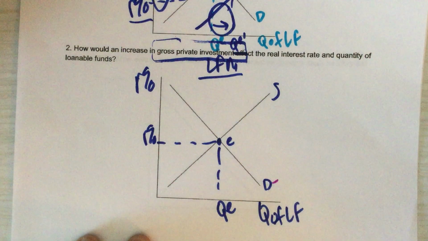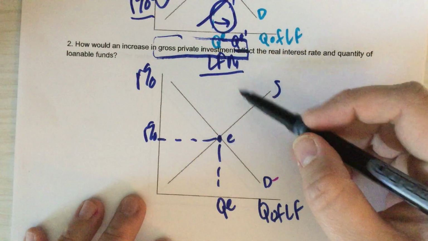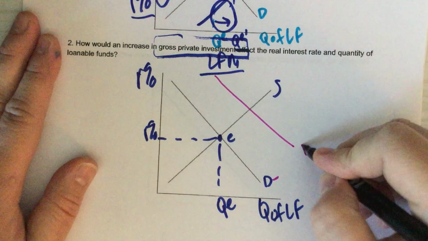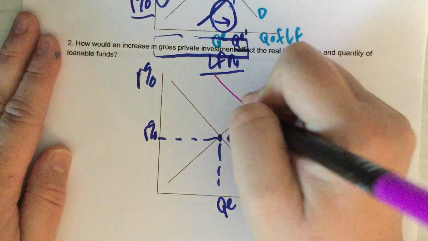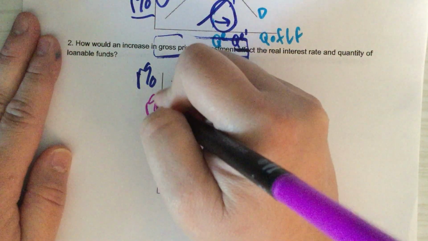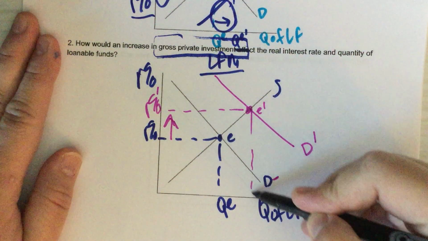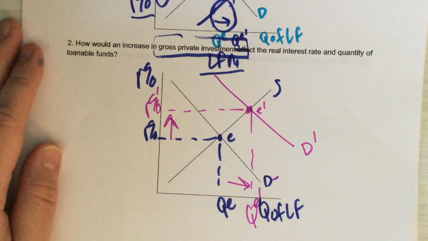Remember, borrowers are the demand side of the loanable funds. They're the ones that are borrowing loanable funds. They're the ones who demand loanable funds. So if businesses are borrowing more, the demand is going to go up, shift to the right. Here's our new equilibrium. You're going to have to show that the interest rate has increased and that the quantity of loanable funds has also increased as well. Okay.